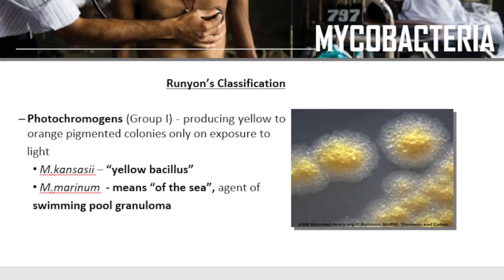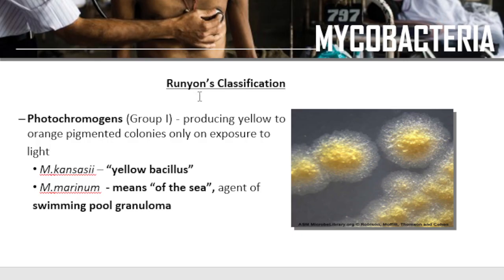All right. So now there is a classification of the mycobacteria other than tuberculosis, with the use of Runyon's classification, wherein the organisms are being classified according to their pigment production.